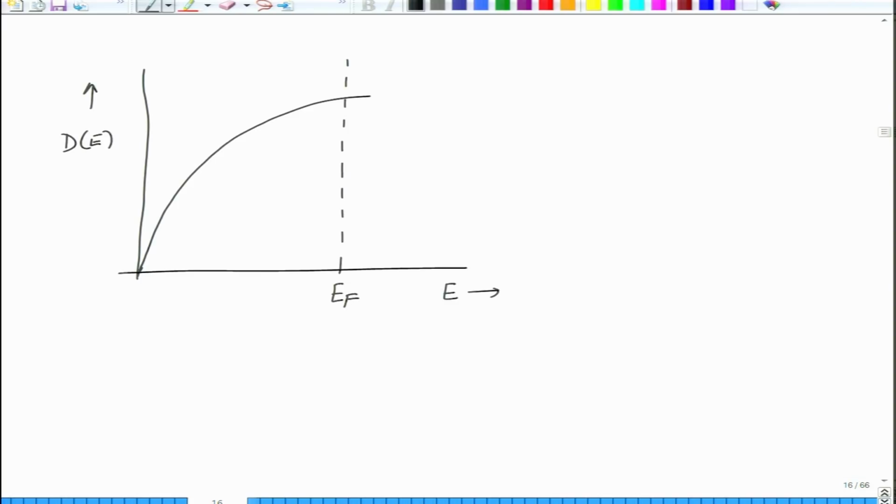Now, Fermi energy is an energy below which all the energy states are filled at 0 Kelvin.